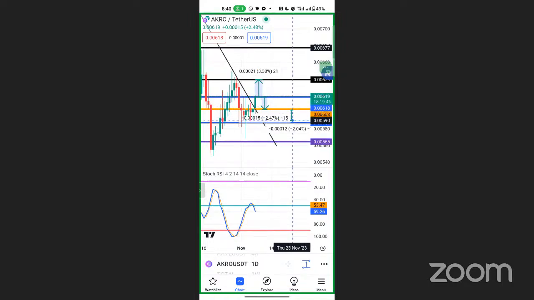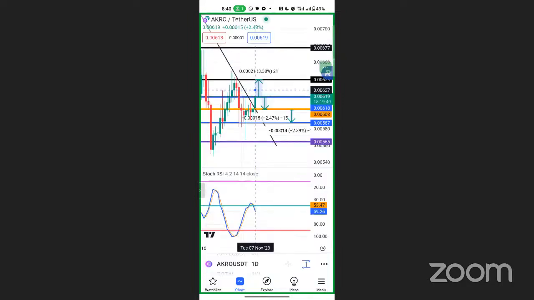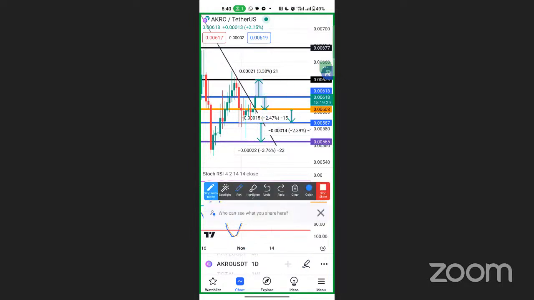From here to here is margin call 2. I'm using pivot points. From here to here is margin call 4. I can even do this in a lower time frame.